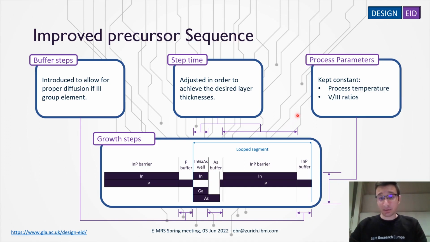We also kept some process parameters constant to keep benefiting from the good building blocks that we identified in the first experiments, which were the growth front stabilization during the indium phosphide step and the possibility for sharp interfaces in thin layers. These constant process parameters were the process temperature and the 5:3 ratio.